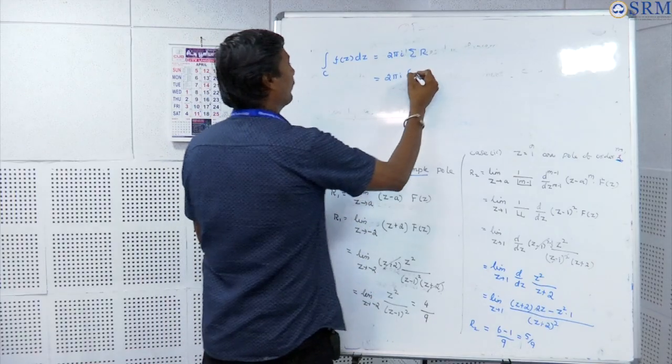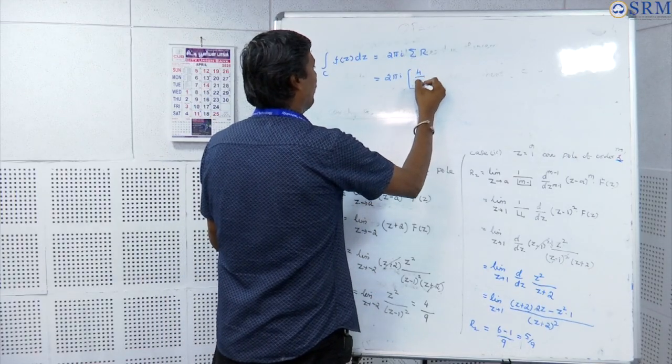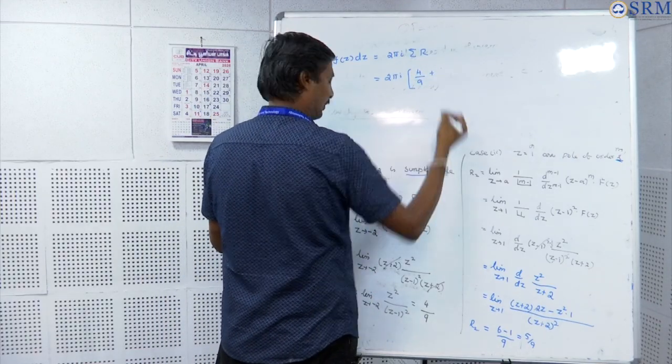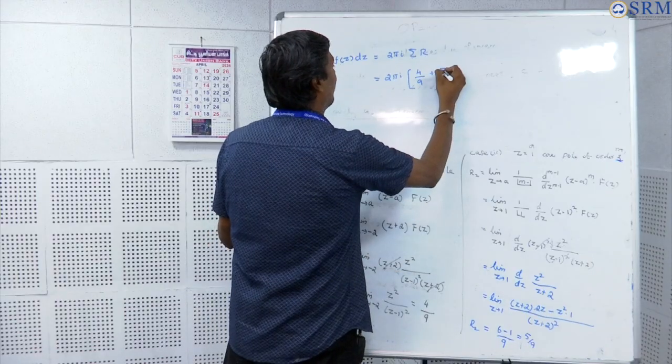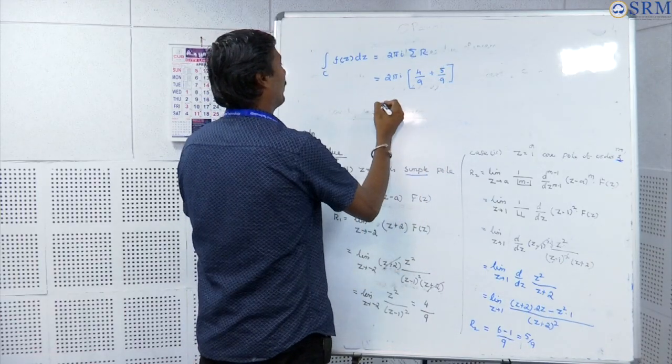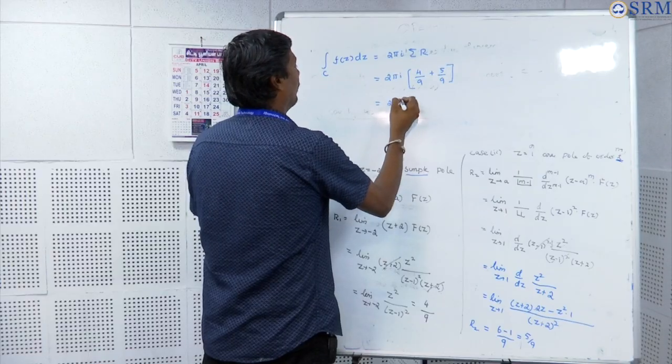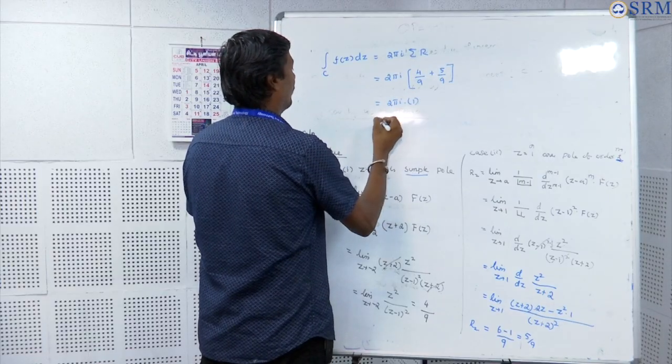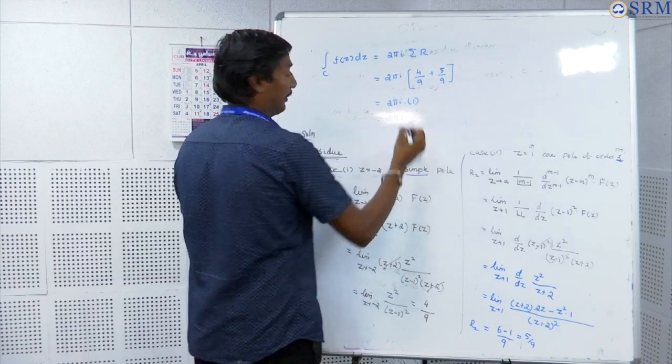One residue is 4 by 9 plus the second residue 5 by 9. So the total is 1, and the final answer is 2 pi I.